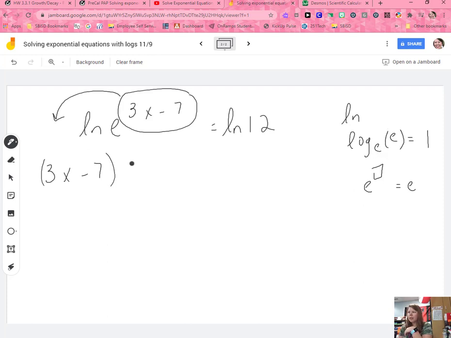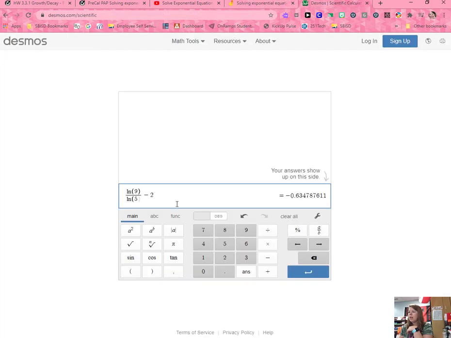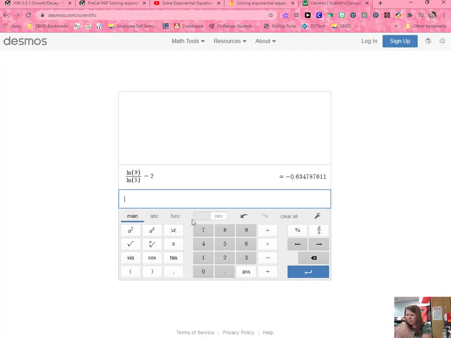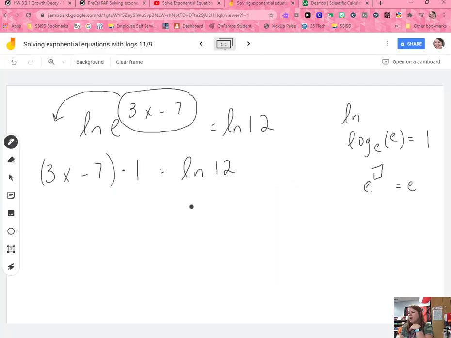It's 1. And so this is all times 1. All we really care about here is natural log of 12. ln of 12 is 2.48. So I'll say 2.5 here, just to give us an idea that this is just a number.